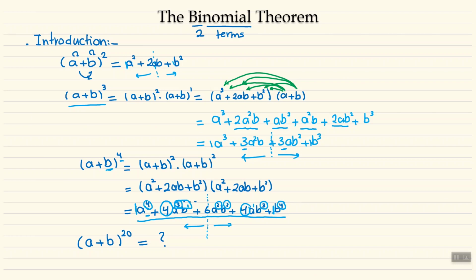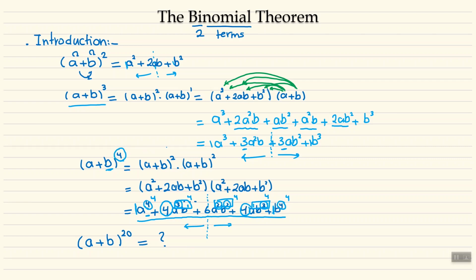The power here is 3 and the power here is 1. If we add them together, we get 4. What is the sum of the powers here? 2 and 2. If we add them together, we get 4. What is the sum of the powers here? 3 and 1. If we add them together, we get 4. In this term, it is 4. In this term, it is 4. So we notice that the sum of the powers is equal to 4, which is n.